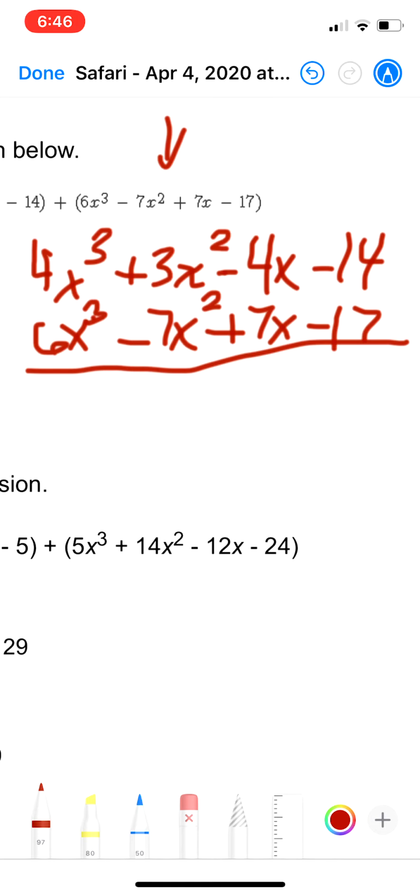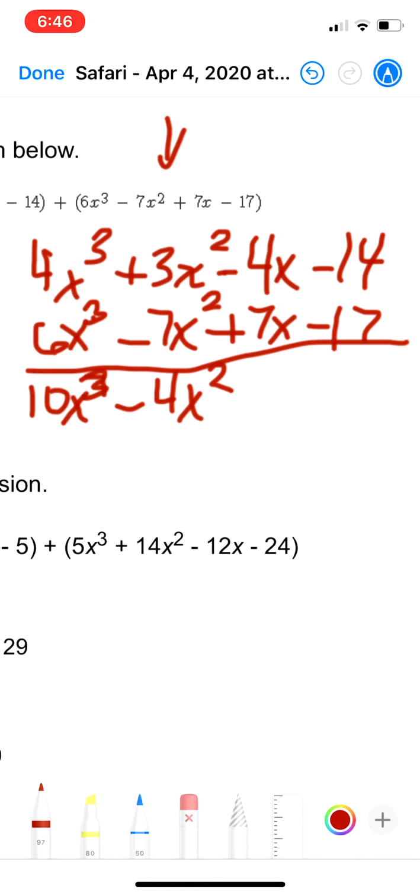All you have to do now is add or subtract the numbers out in front, depending on the sign that's in front of the numbers. So you have 4 plus 6, which gives you 10. You keep x to the third. That's supposed to be a 3. There we go. And I have 3 minus 7, so that's negative 4. You keep x to the second.